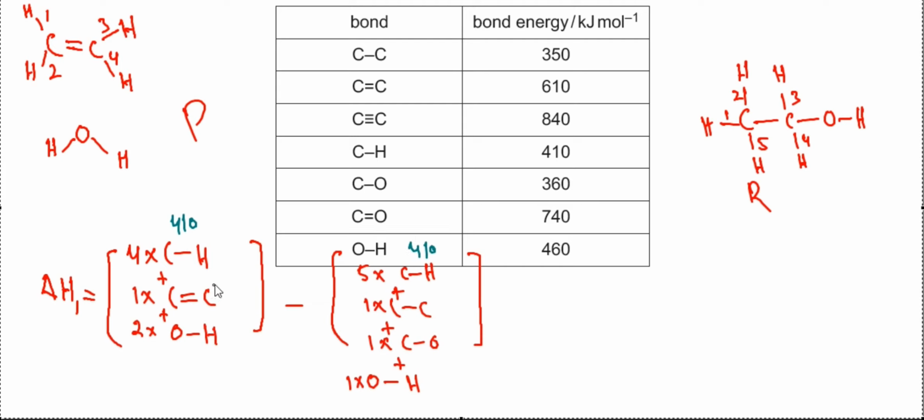Now the carbon to carbon double bond, its value is 610. Then the oxygen to hydrogen bond is 460, and also we have another, so 460. Now the carbon to carbon single bond is 350, and then the carbon to oxygen bond is 360.